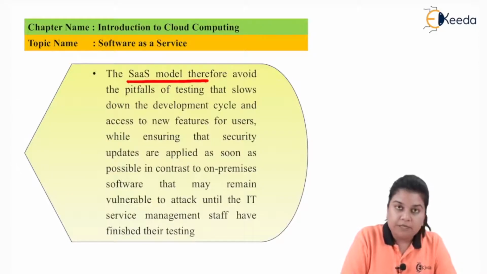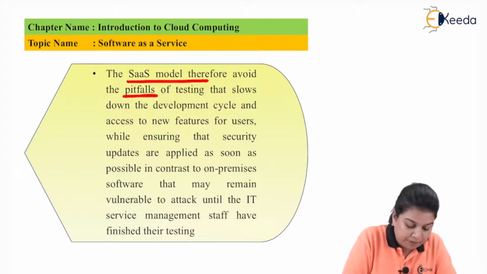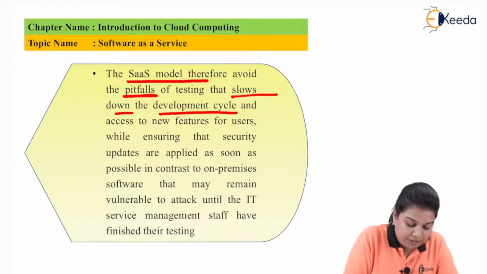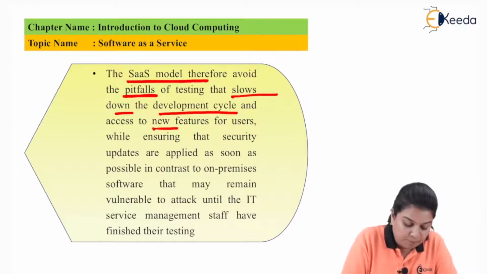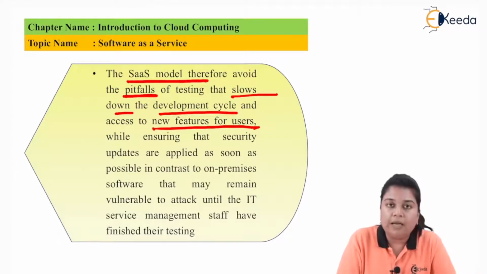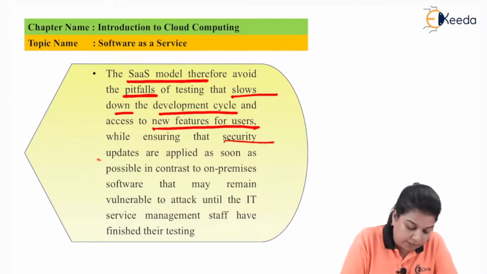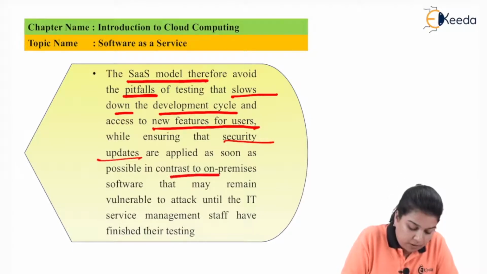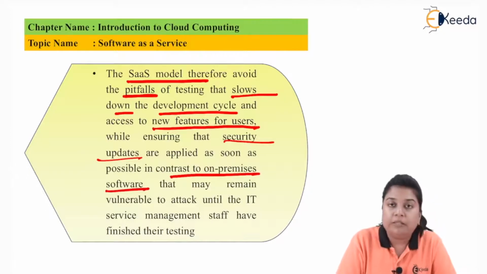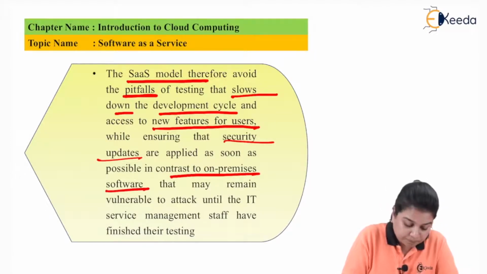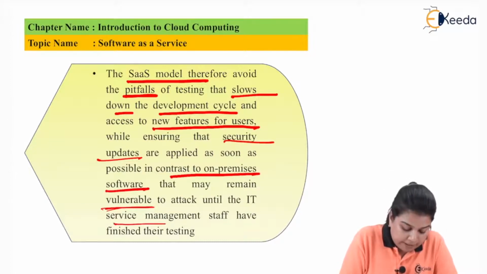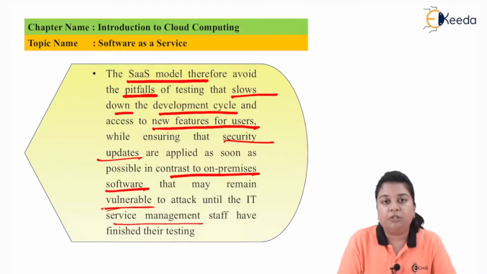The software as a service model therefore avoids the pitfalls of testing that slow down the development cycle and delay access to new features for users, while ensuring that security updates are applied as soon as possible, in contrast to on-premise software that may remain vulnerable to attack until the IT service management staff have finished their testing.